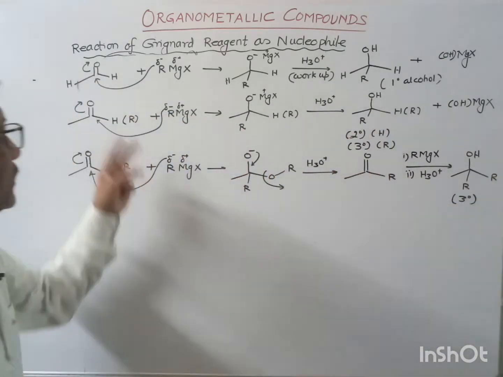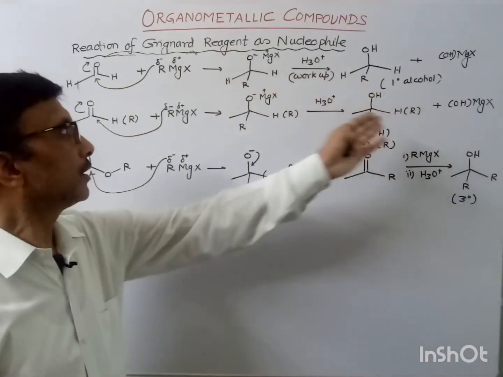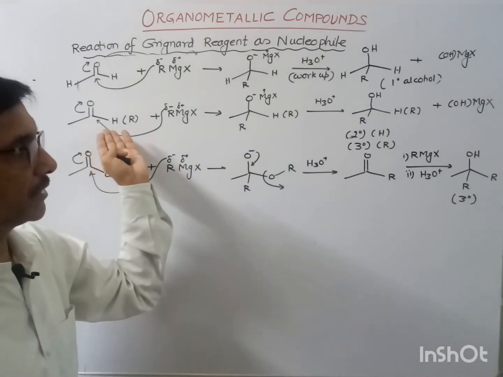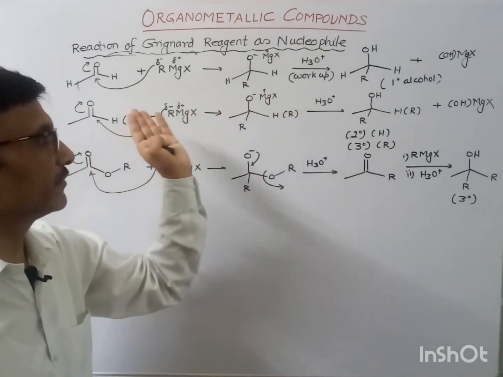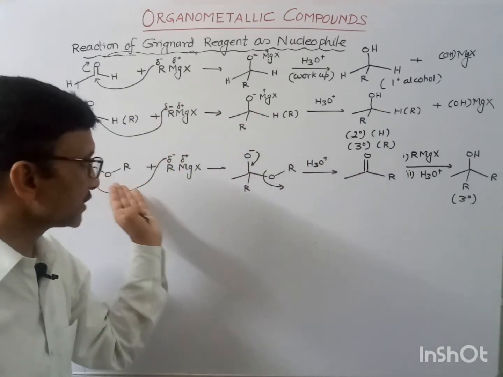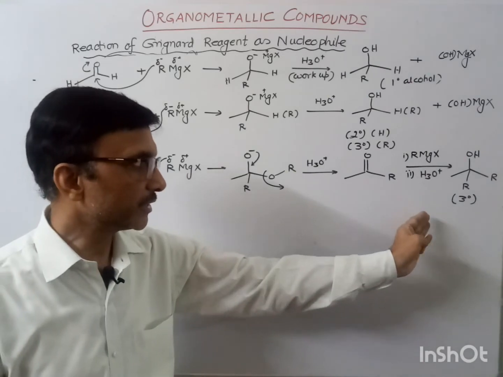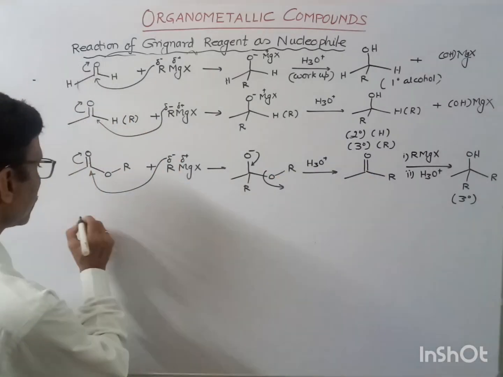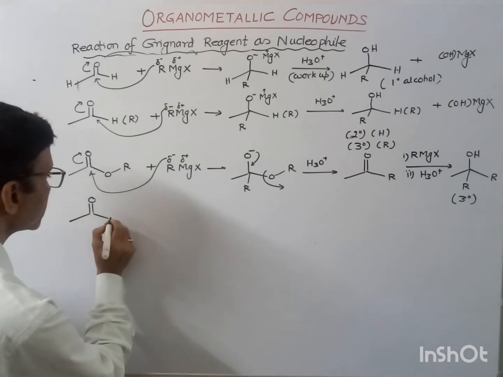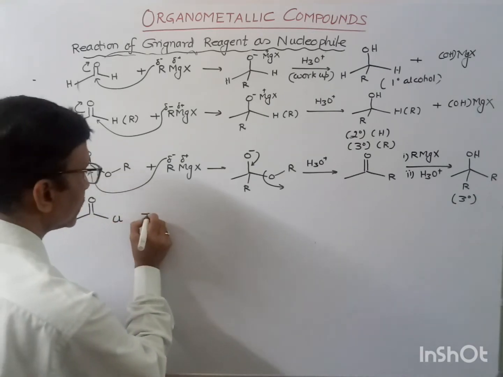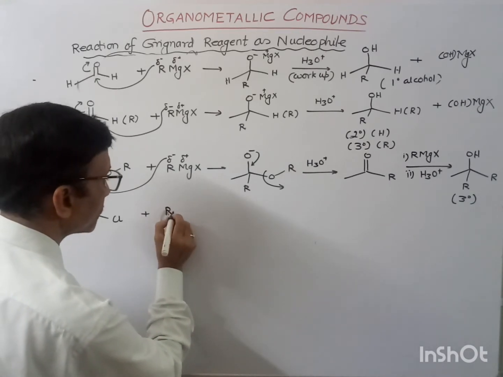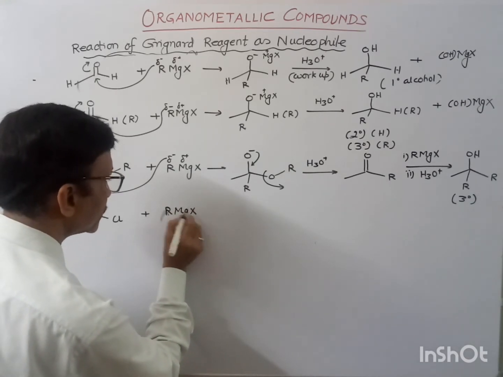So formaldehyde is giving the primary alcohol, aldehyde is giving the secondary alcohol, ketone is giving the tertiary alcohol, and this ester is giving the tertiary alcohol. And suppose if we have acetyl chloride, this acetyl chloride will also give the tertiary alcohol on reaction with Grignard reagent.